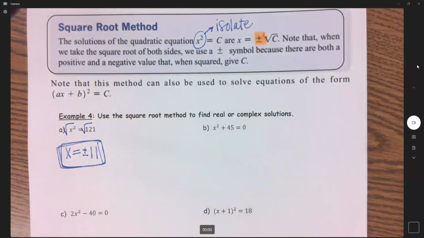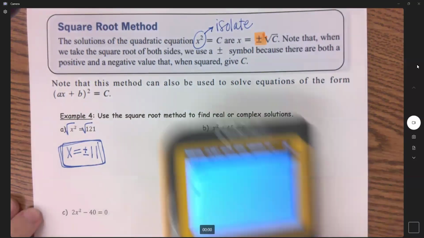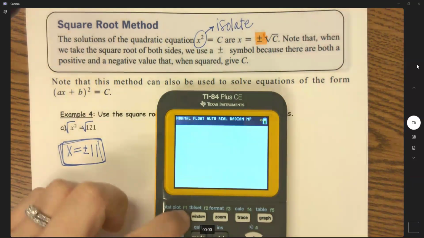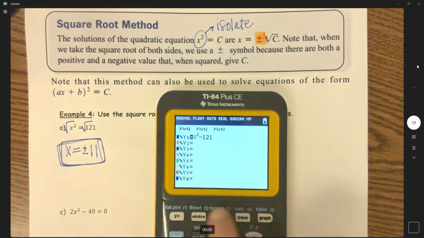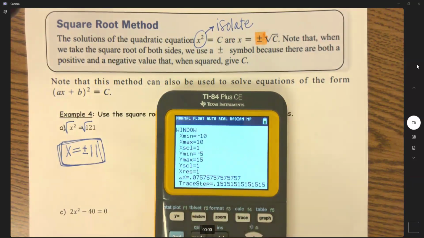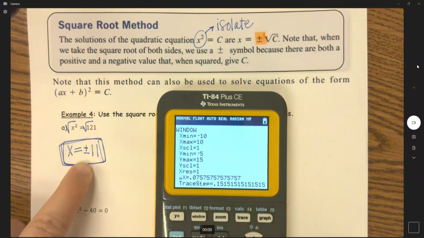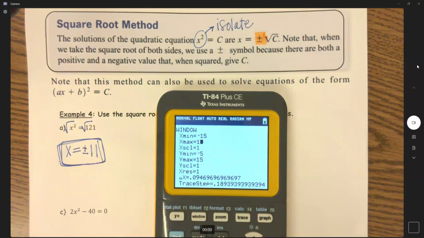Okay, I'm not going to do this for all of these, but you can graph it and you can see this. x squared, we'd have to subtract that 121 over, minus 121. And I'm going to change my window since I know it's plus and minus 11 to negative 15 to 15. And then I'll change this back to negative 10 and 10.